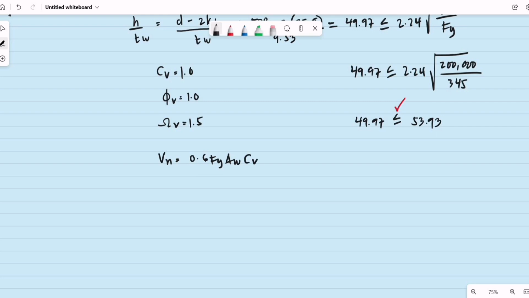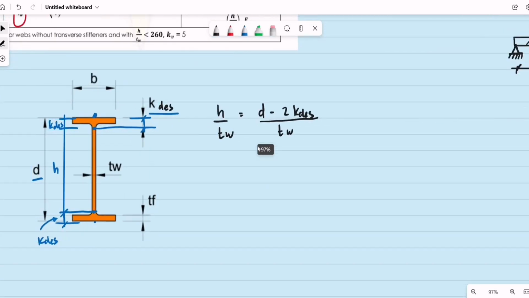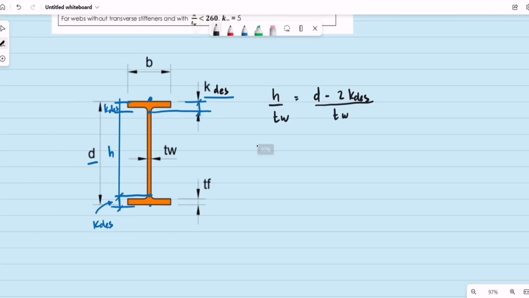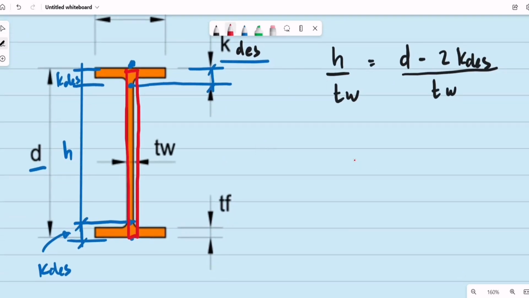Again, how do we compute for the area of the web? The area of the web is basically equal to the total depth of the section multiplied by the thickness of the web. So if you go back to our figure, the A sub W is basically this section. So this is the thickness of the web.